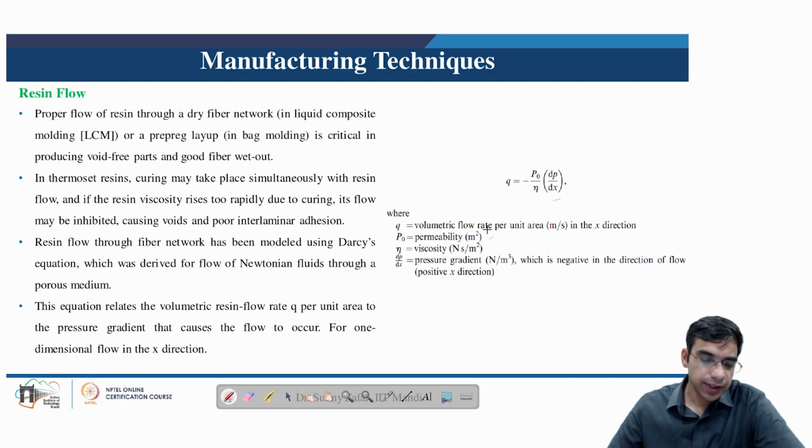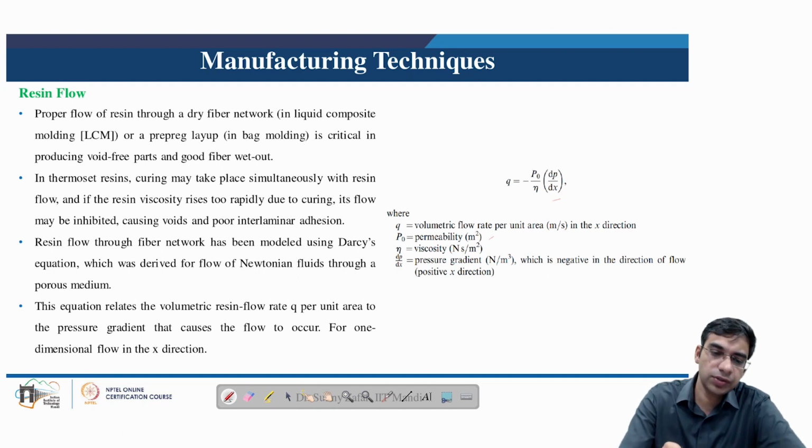So this equation relates the volumetric resin flow rate, that is Q per unit area, to the pressure gradient that causes the flow to occur for one dimensional flow in the x direction. This is a simplified Darcy's equation for one dimensional flow, and this equation can also be expanded for three-dimensional flows to look at how the resin flows in the three dimensions if modeling of the resin flow is to be done.